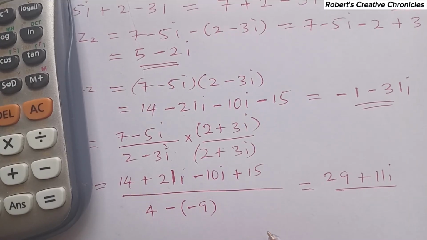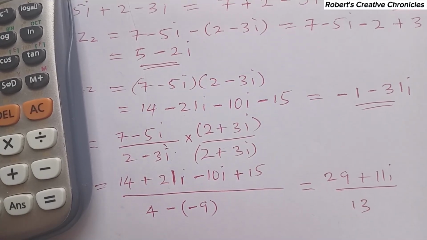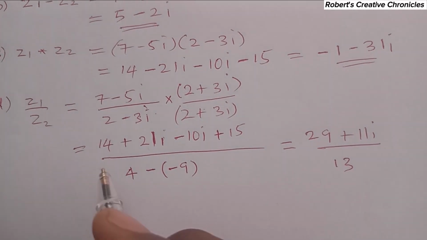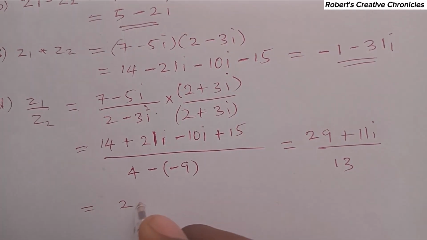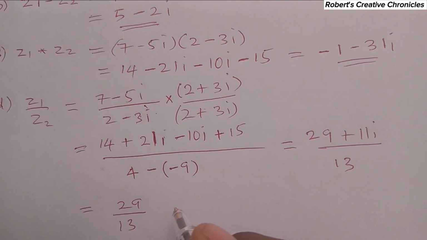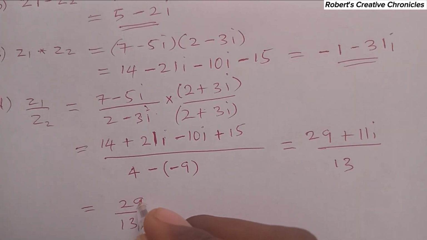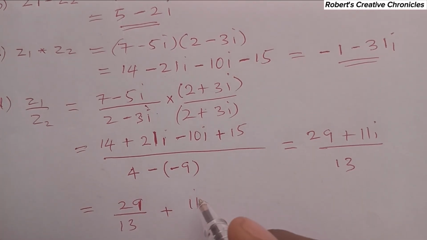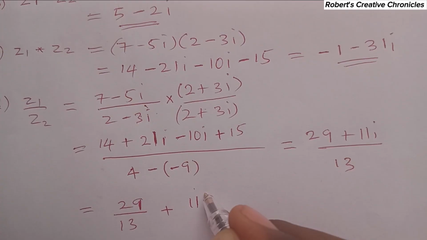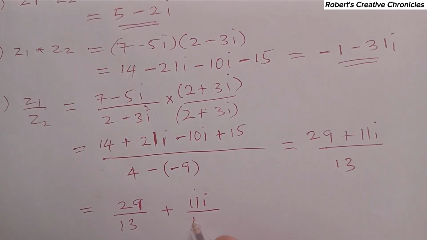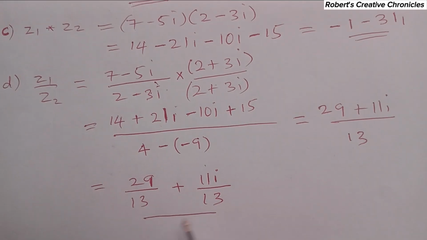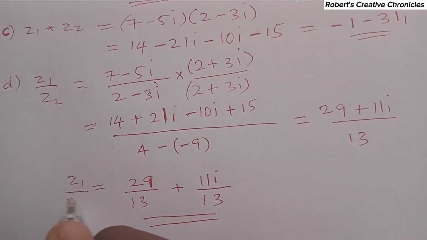Over this, 4 plus 9, which is 13. So this will become 29 over 13 plus 11 over 13 i. That is z1 over z2.